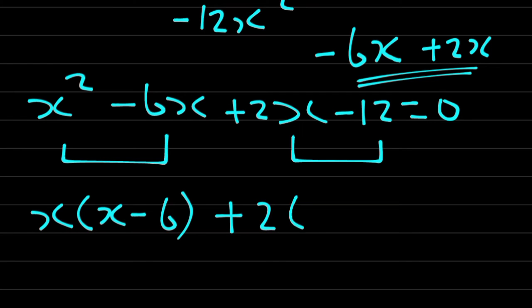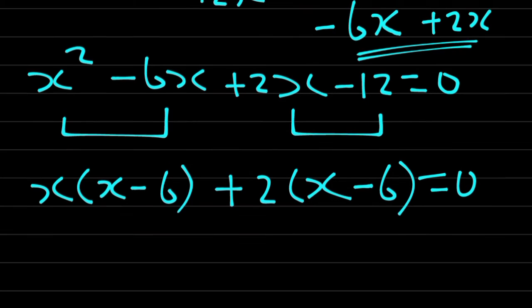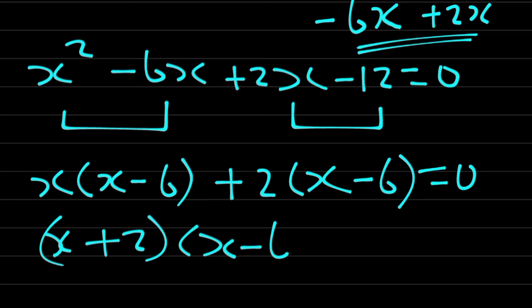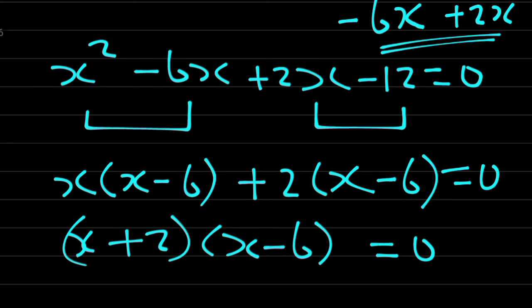I have 2 into bracket x minus 6 is equal to 0. Therefore, x plus 2 and x minus 6 is equal to 0. What we did between here and this is actually still factorization, because x minus 6 is common. Therefore, we've taken what is common and then we are left with x plus 2.